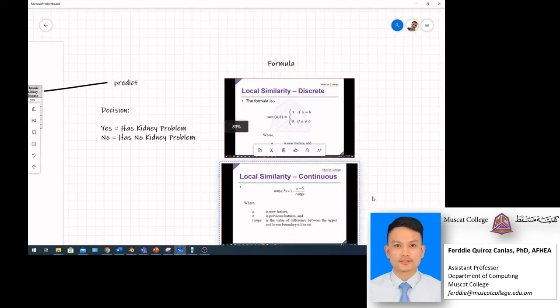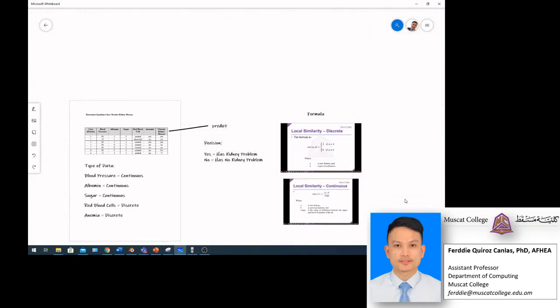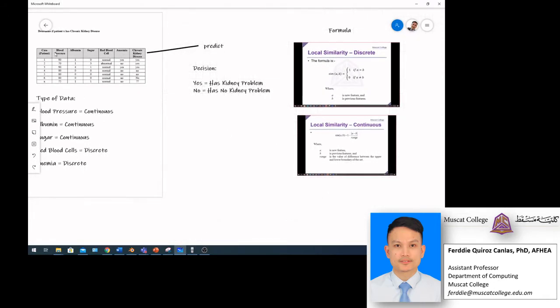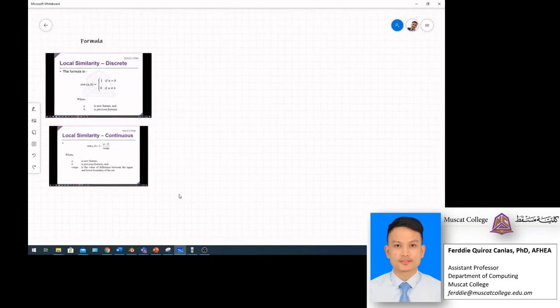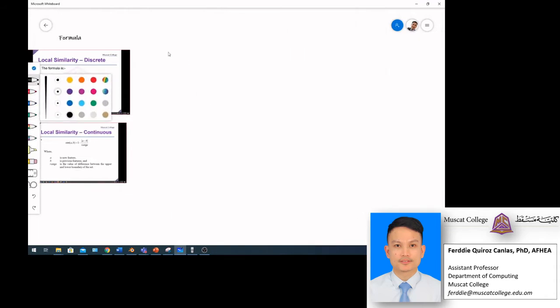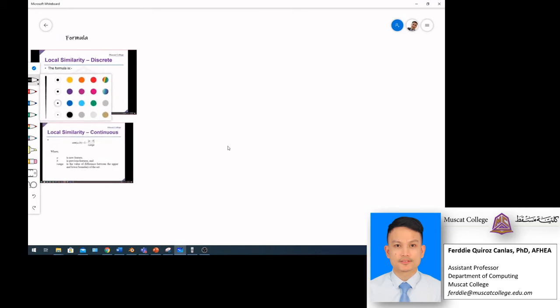Okay, so let's try to make a table for this. We have 1, 2, 3, 4, 5, 6, 7, 7 by 8, right? So you have to make a table, 7 by 8.